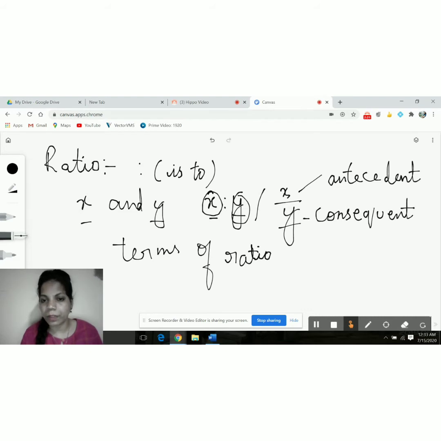These are new terms for you children. I'm repeating it once again. The numerator in the fraction or first term in the ratio is called antecedent, and the denominator in the fraction or second term in the ratio is called consequent.